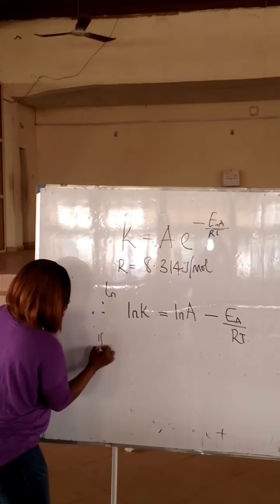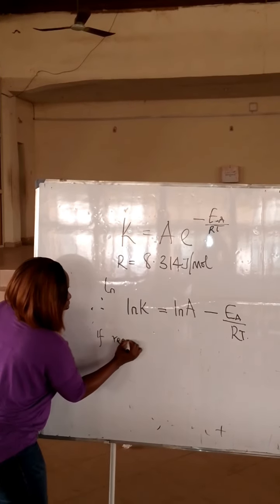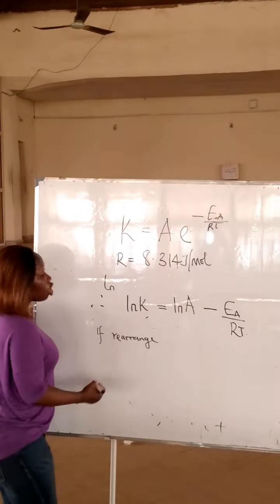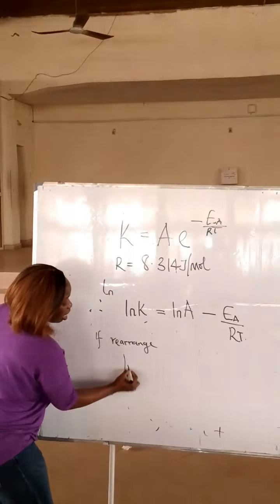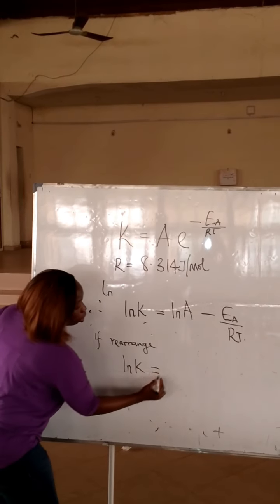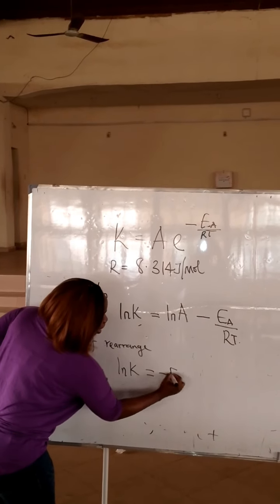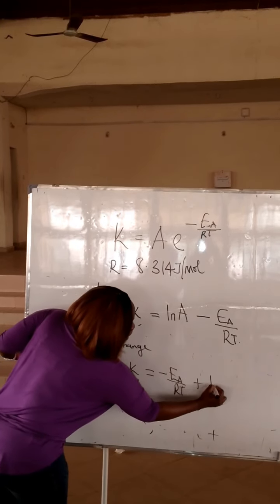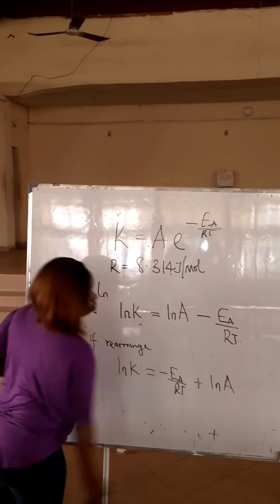If you arrange this equation, you will have ln k is equal to minus Ea over RT plus ln A.